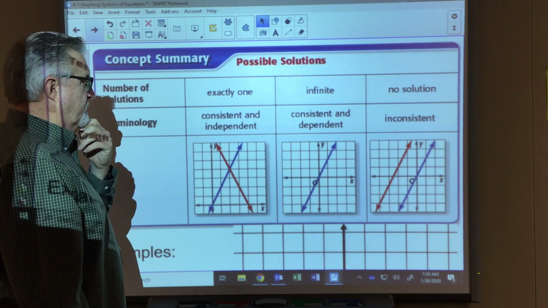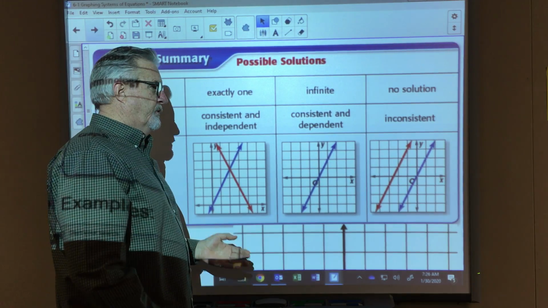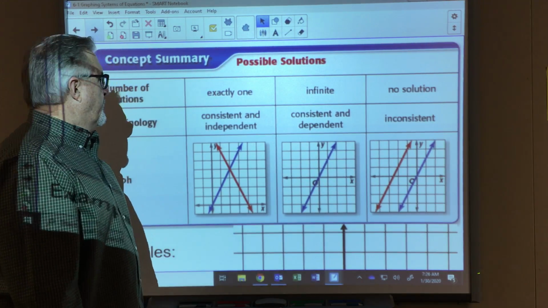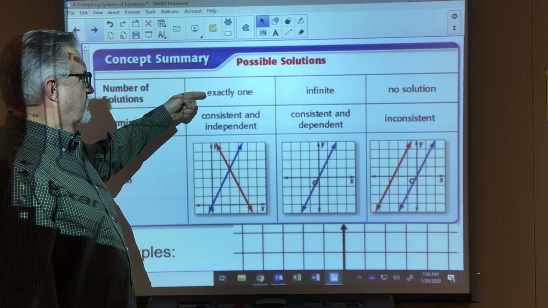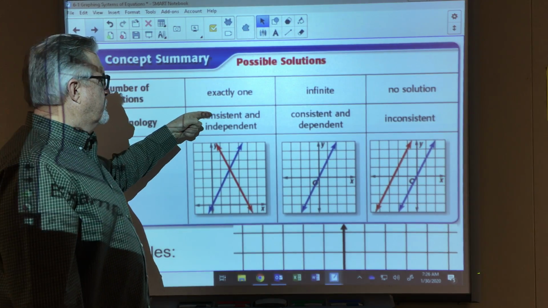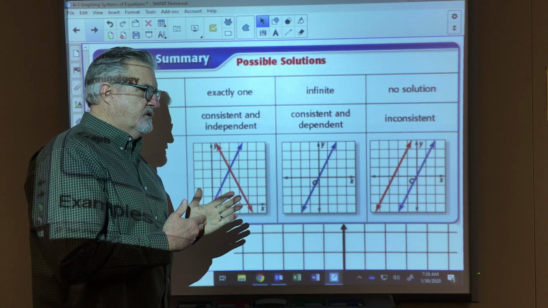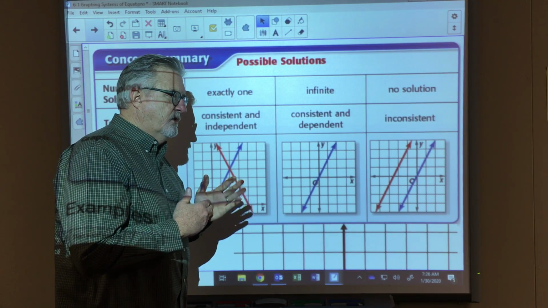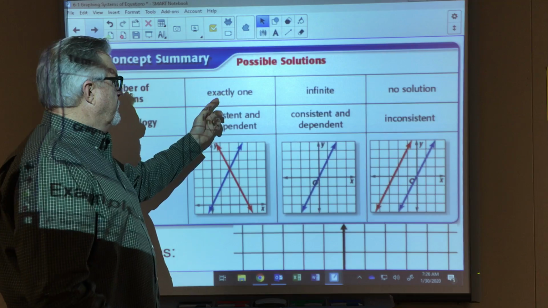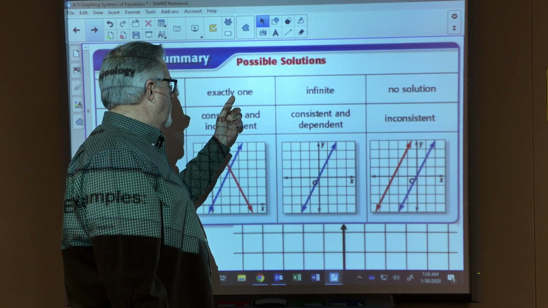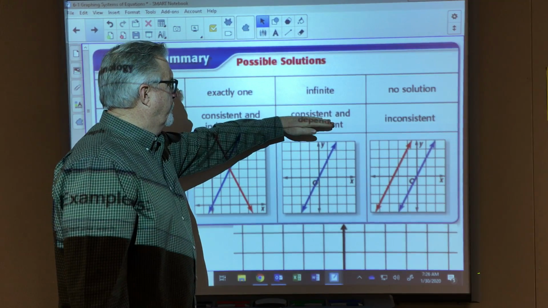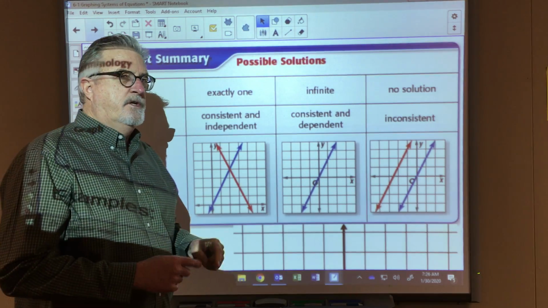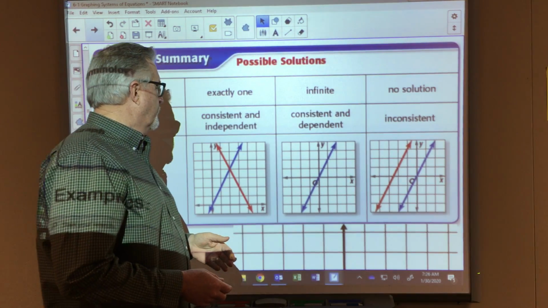If you take a look at this, there's some terminology that we're going to use throughout this. If there's exactly one solution, it's called consistent. Consistent means that there is at least one solution. And actually both one solution and infinite solutions are both called consistent because they do have a solution.